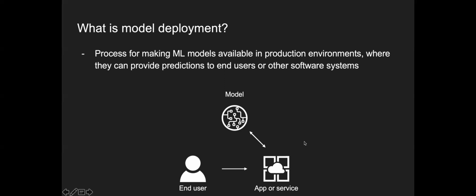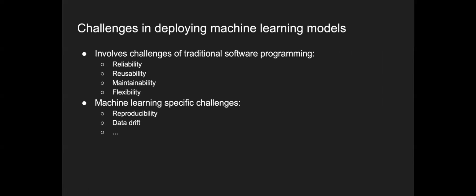So deployed machine learning systems have a couple of challenges. They involve challenges of traditional software programming, like reliability, so that you produce the intended results and are robust. Testing is important here, and reusability, so that you can reuse the system or part of it.